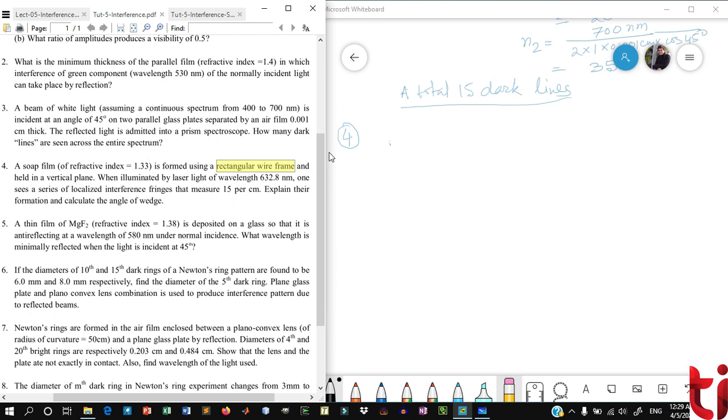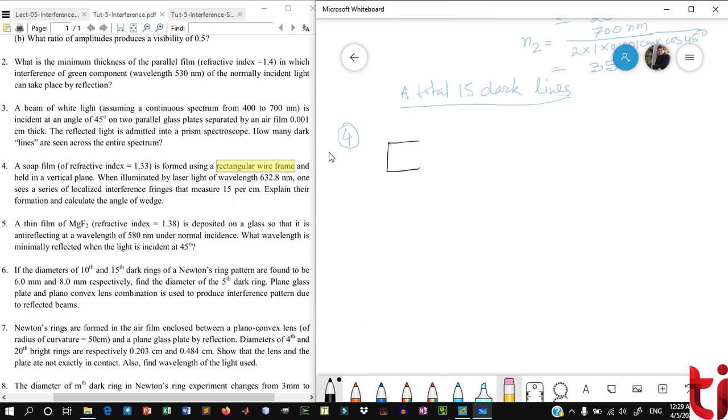So here, let's say this is this rectangular wire frame, and there is this soap film in between here. So what would happen if such a frame is held vertical? When you would hold it vertical, then it's like you would be looking from this side, and what you will see is this frame like this, if the frame is held vertical. So you will see just a line.